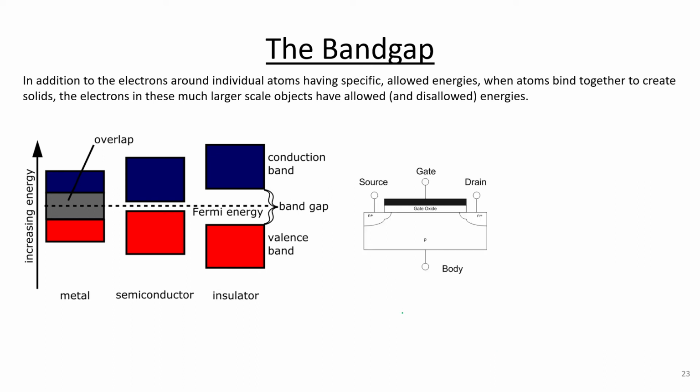One other very important application of semiconductors and this band gap, this big bunch of disallowed energies within semiconductor materials, is the transistor. This is a specific kind of transistor called a field effect transistor.